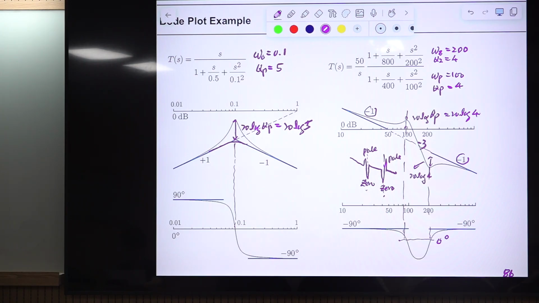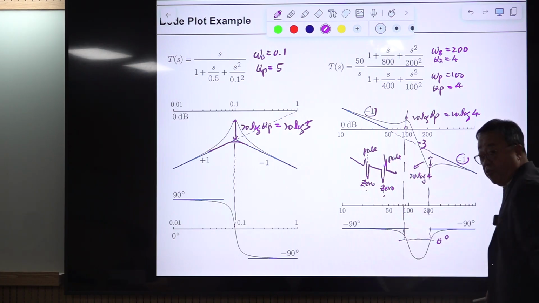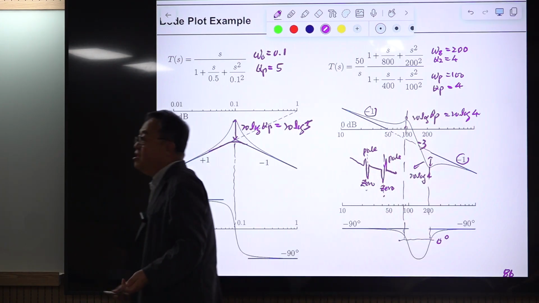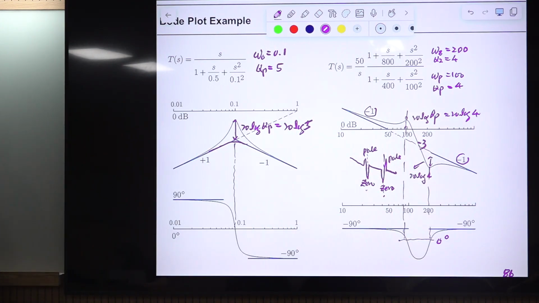Maybe they come from the parasitic element of your component. So you didn't want this, and you didn't know this would happen. But it happens because of some parasitic capacitance, inductance, and resistance you ignored during your analysis and design.